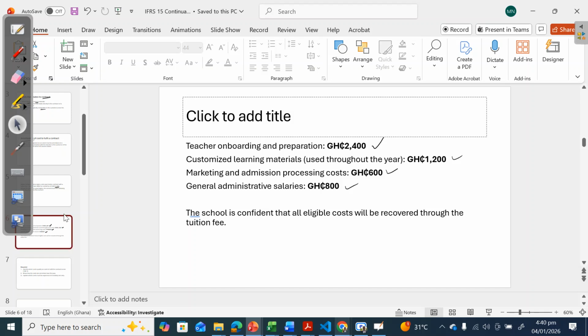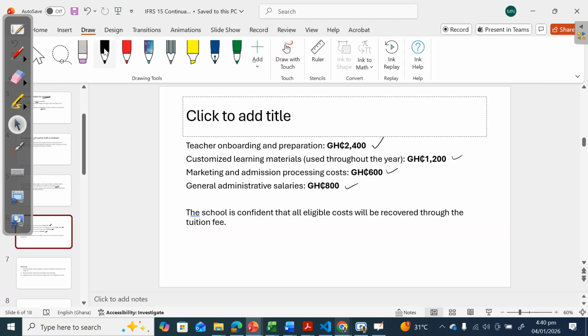We need to critically look at those costs that relate directly to the contract. From the list, number one is teacher onboarding and preparation. As you can see, it's a direct cost.